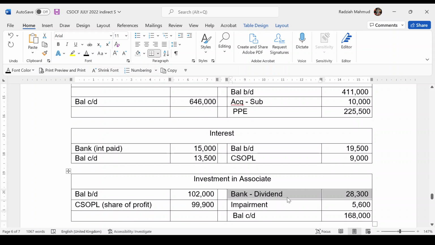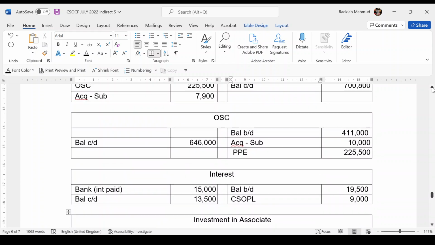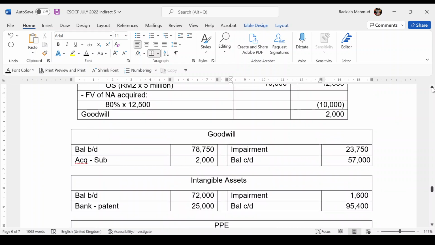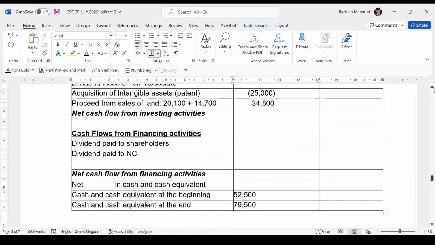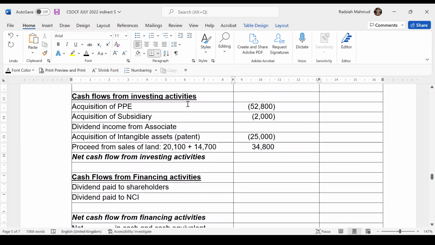So this is the dividend received. Now we transfer to investing activities. Here we have dividend income from associate, so we put in the figure.